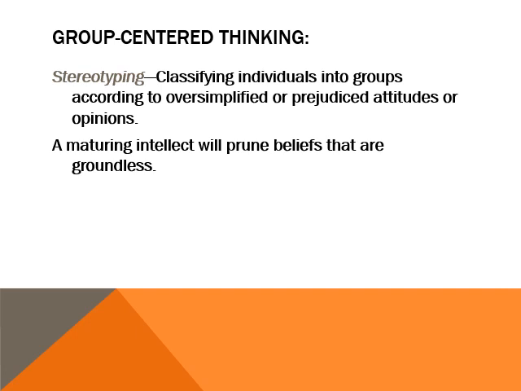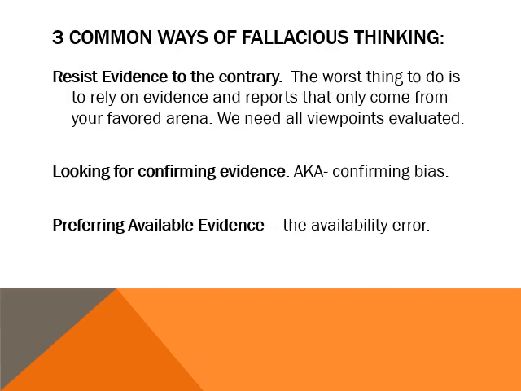So there are three common ways that are very fallacious in our thinking. And here are the fallacious thinking ways. Because we are humans and we do have fallacies in our own character, none of us are perfect, we need to watch out for things. So we need to resist evidence to the contrary.